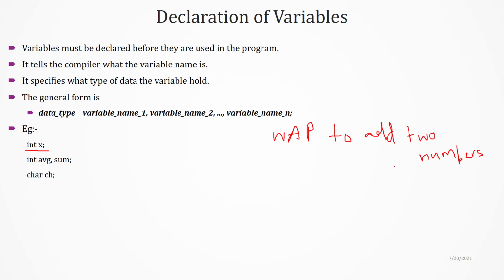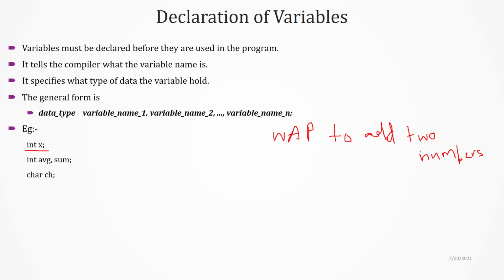To add two numbers means add any two numbers. Now I want to add 5 and 3. After some 5 minutes I want to add 6 and 7. So any two numbers can be added with the help of this program.